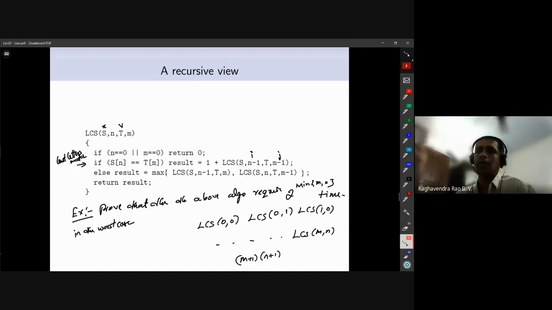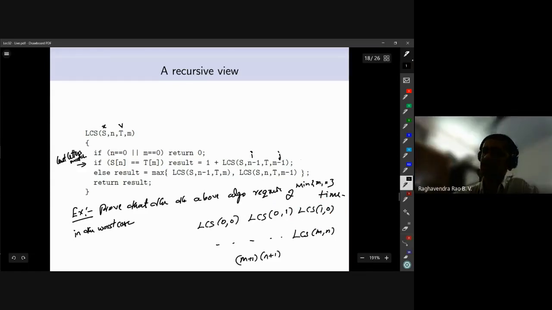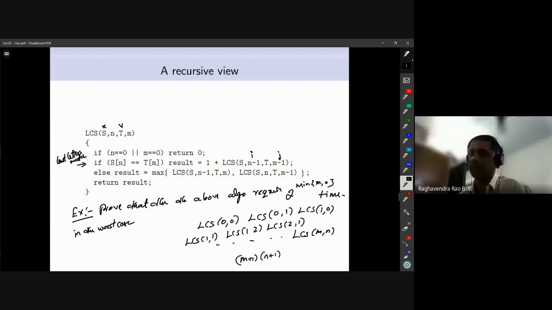So we can look for a natural iterative procedure. You know what LCS(0,0) is, you know what LCS(0,1) is, you know what LCS(1,0) is. All of them are zeros. So you can start by computing LCS(1,1), then LCS(1,2), LCS(2,1), and so on, in an iterative fashion.